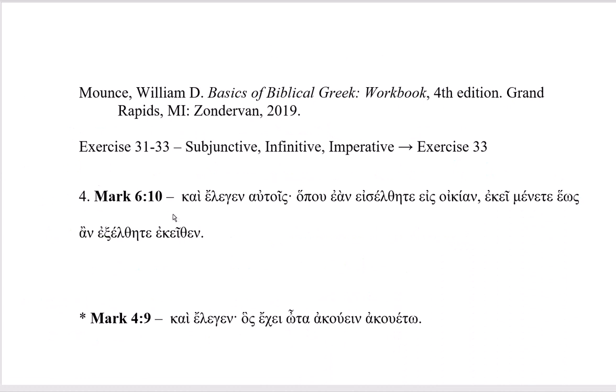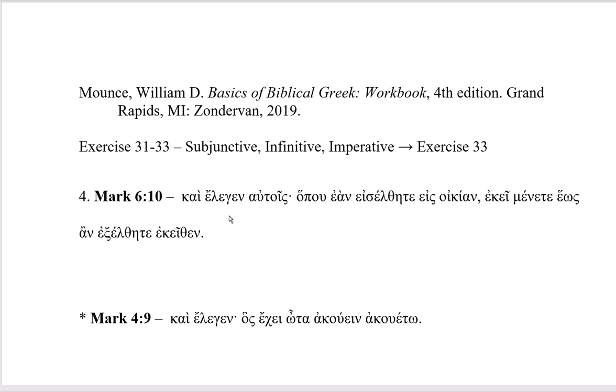Let's look at some examples from the Mounce workbook. For exercise 33, number 4, he's got part of Mark 6:10. I think I've added some more to it that he doesn't have. So we have, kai elegen autois, hopou ean eiselthete eis oikian, ekei menete heos an exelthete ekeithen.